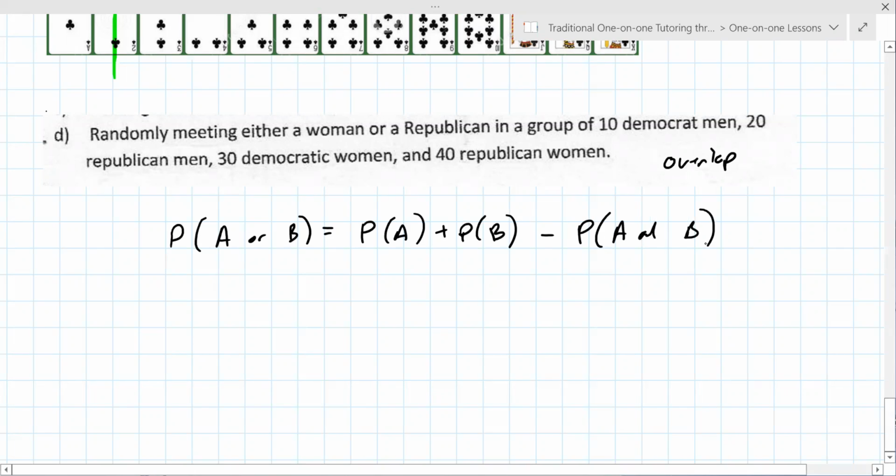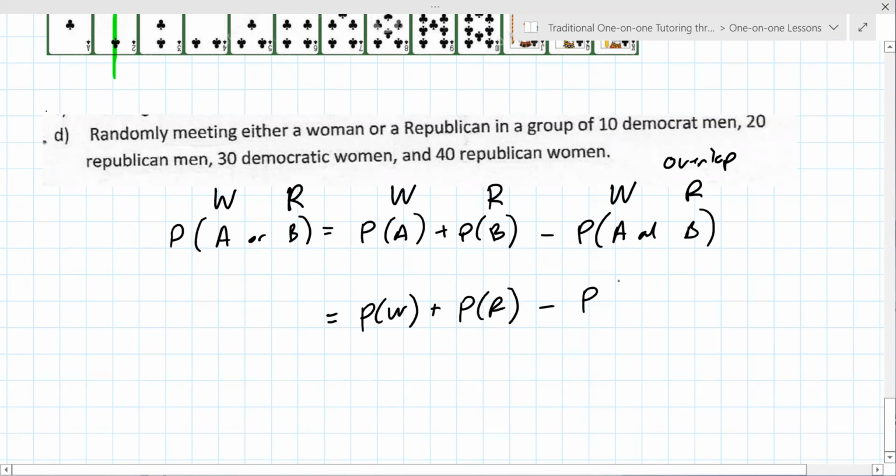Yeah. So in this problem, you can think of it as woman first. W for woman, Republican. So we're looking for the probability of a woman plus the probability of the Republican minus the probability of the woman and Republican.